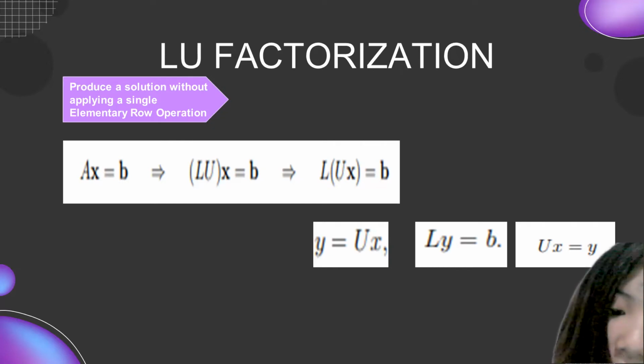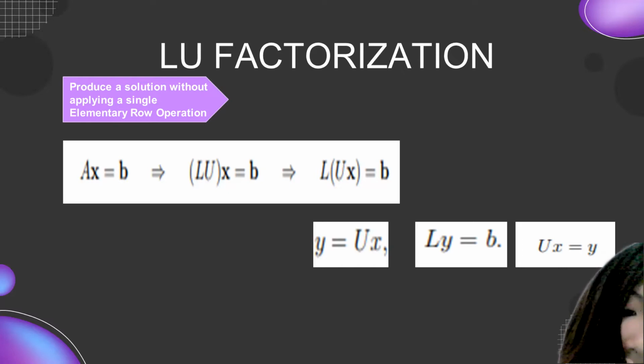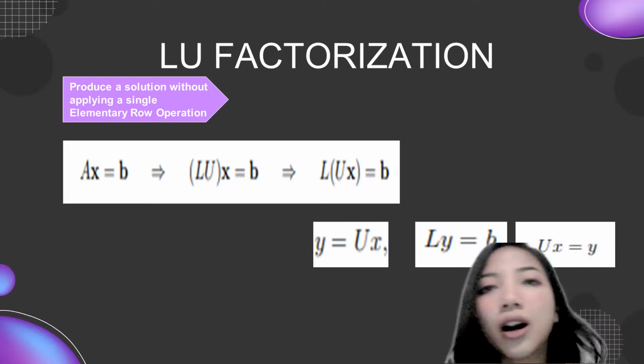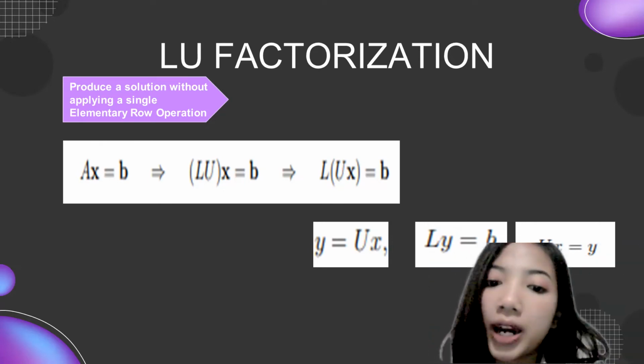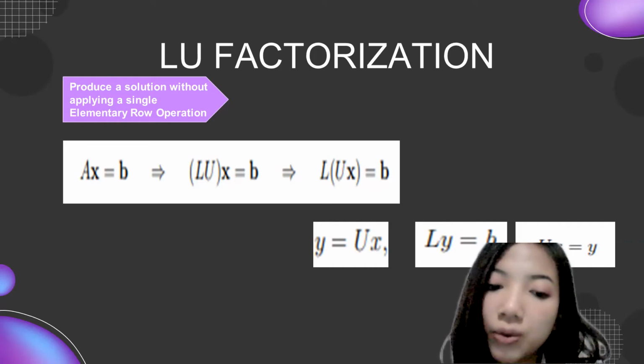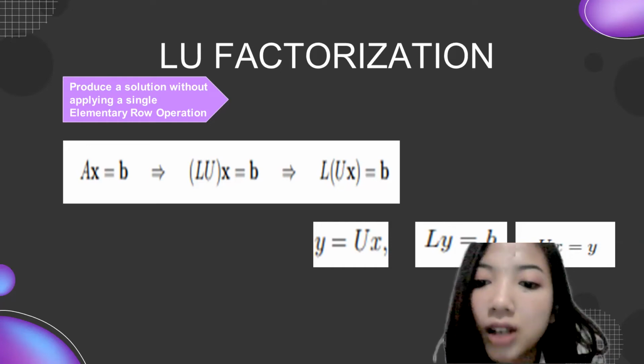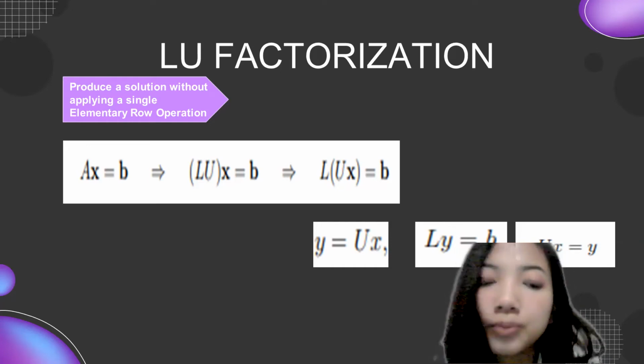Then once we have y, we can apply back substitution to solve for x in the system Ux = y. Since U is upper triangular, as with L, we must also assume that every diagonal entry of U is non-zero.